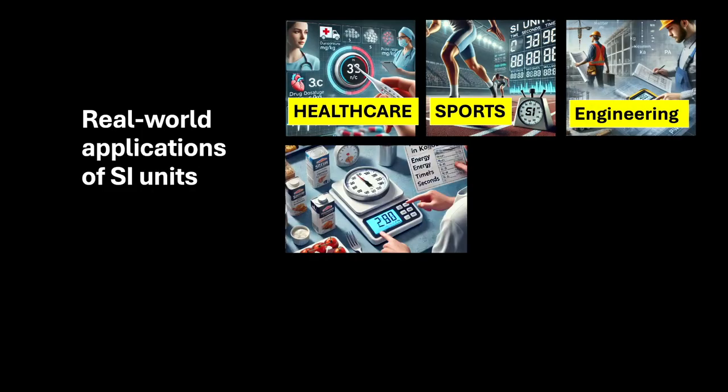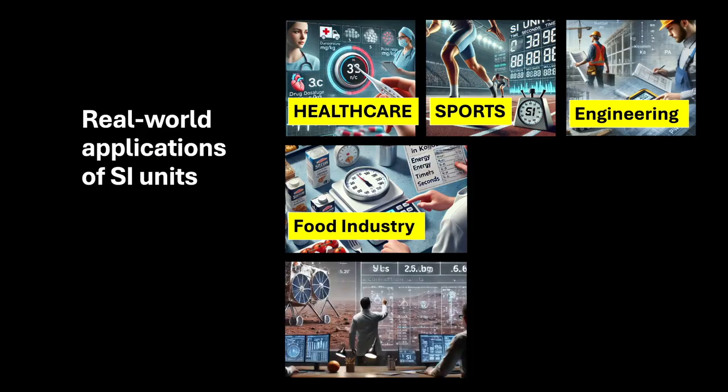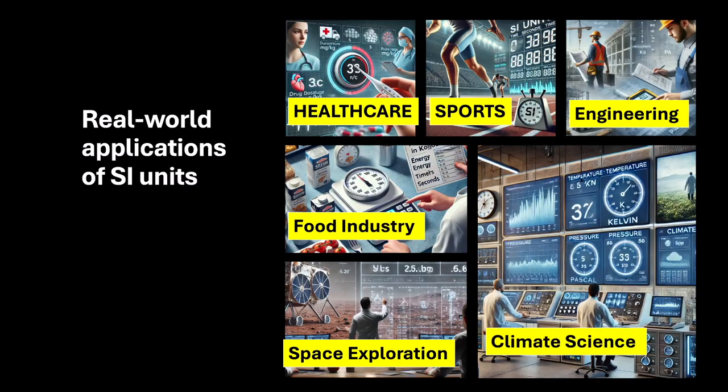And in food industry, where all physical quantities are important, like the mass of ingredients, the cooking time, etc. Not to forget the space exploration, and this we have talked about in depth, how NASA's Mars Climate Orbiter crashed and led to the loss of millions of dollars. Another real-world application can be the climate science, where every small little difference in the measurement of temperature can be very, very crucial. By the way, the real-world applications of SI units are so many that it will take days and days to discuss all of them.